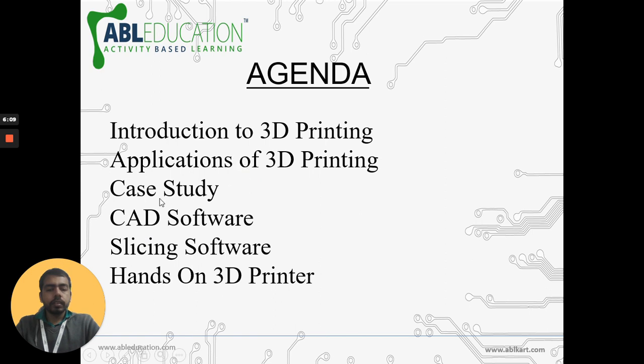We will also discuss a case study, CAD software, slicing software, and hands-on 3D printers. This is the agenda for this topic, but it is not going to be completed in one session, so we might break it into different sessions so that we can understand it better.